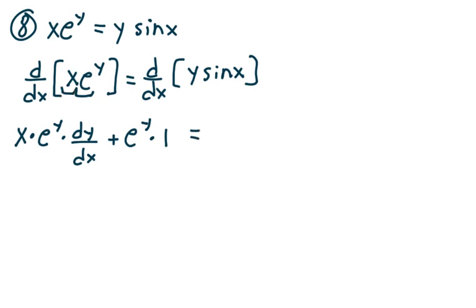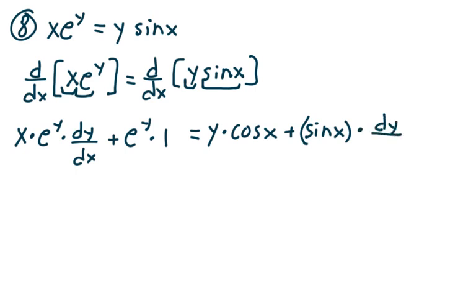That's on the left side. On the right side, I'm going to write down the y. That's the first function. The derivative of sine x with respect to x is cosine of x. And I'm going to go plus, then write sine of x. That's the second function. And then I'm going to multiply by the derivative of the first function, which is dy/dx.